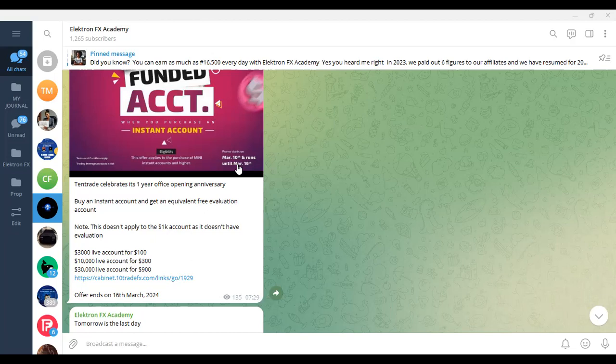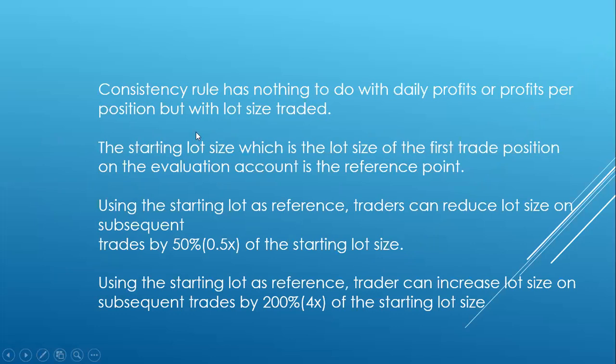So now let me explain the consistency rule. All right, so for the consistency rule, let's begin. The consistency rule has nothing to do with daily profit or profit per position, but with the lot size. So they're not focused on your profit. Whether you make $1,000 in a day, they don't care about it, right? If you swing and hold through news, and then you make $1,000 in a day, they don't mind.